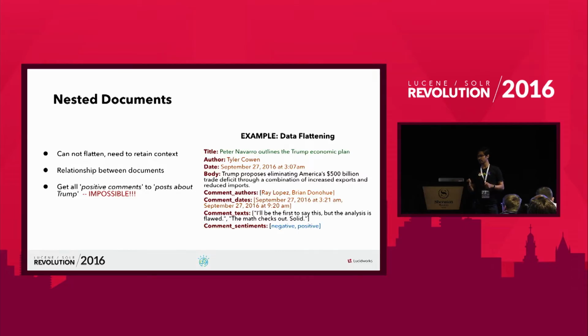What you're going to finally lose out is there's going to be one comment, let's say, which has multiple sentiments associated with different parts of the same comment. As soon as you flatten that data out, you're losing the context of the association of the keyword that you're talking about and the sentiment that you're talking about. So what you really want to do is keep the context intact without losing any of that information.